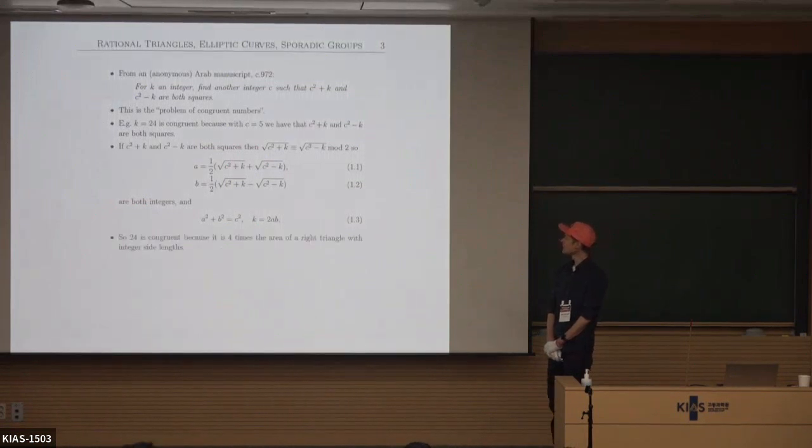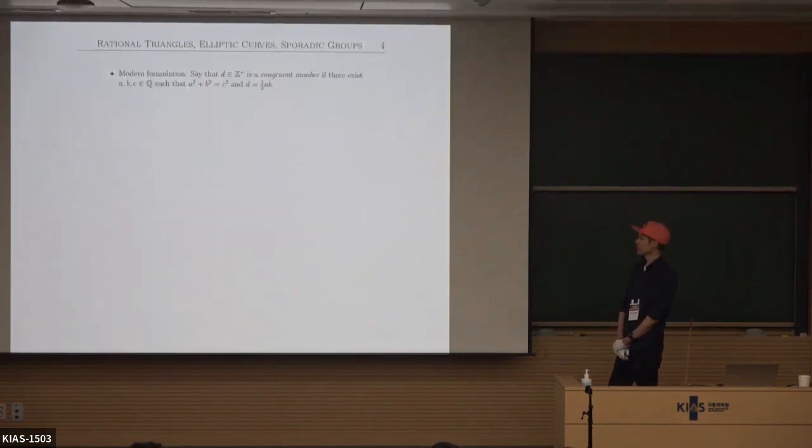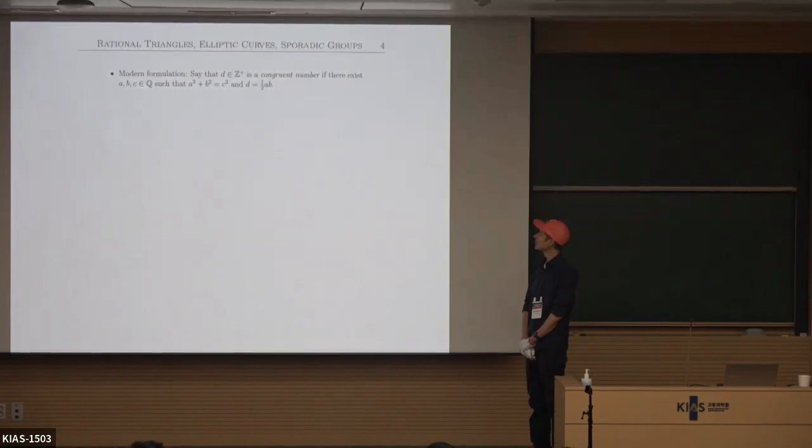So you can say that 24 is congruent because it's 4 times the area of a right triangle with integer side lengths. All right. So the modern formulation says that D is a congruent number if there are rational numbers a, b, and c such that D is the area of the right triangle with side lengths a, b, and hypotenuse c.